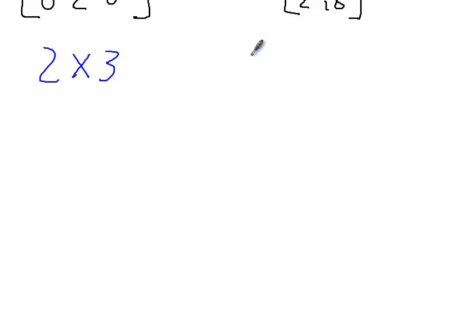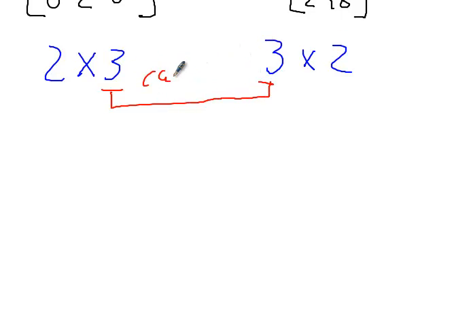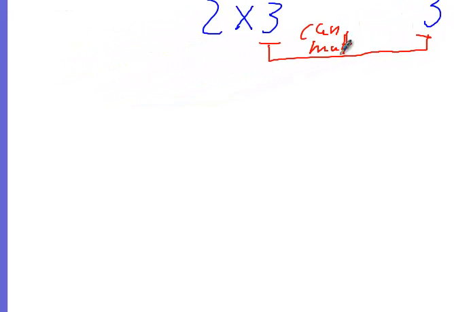So this one is a 2 by 3. This is a 3 by 2. I don't know why I was having such a brain freeze. So we can look here and we see that the 3's match, so we can multiply. Since the columns of the first match the rows of the second, our answer is going to be a 2 by 2 matrix.